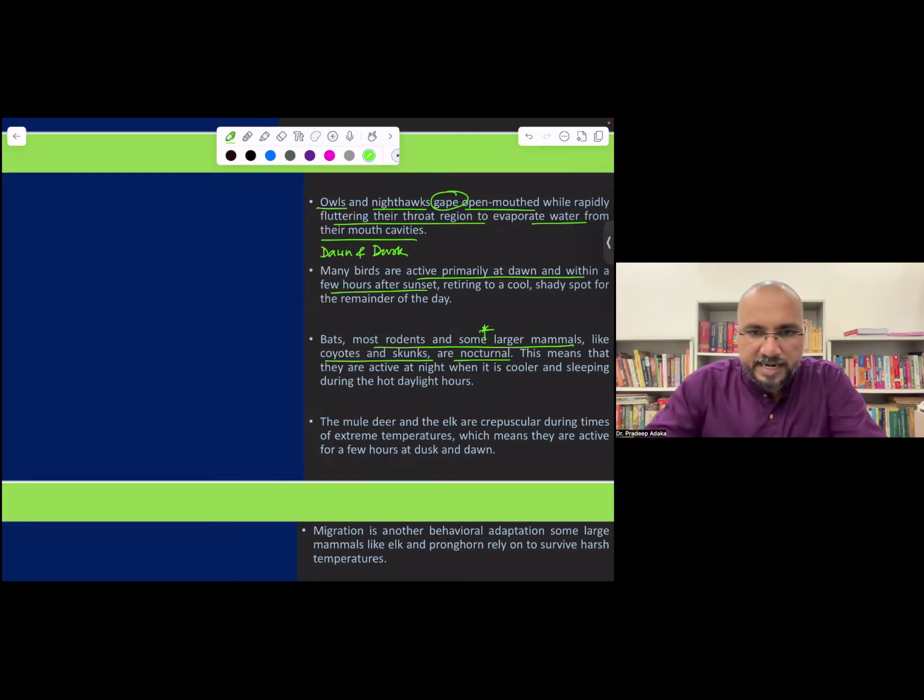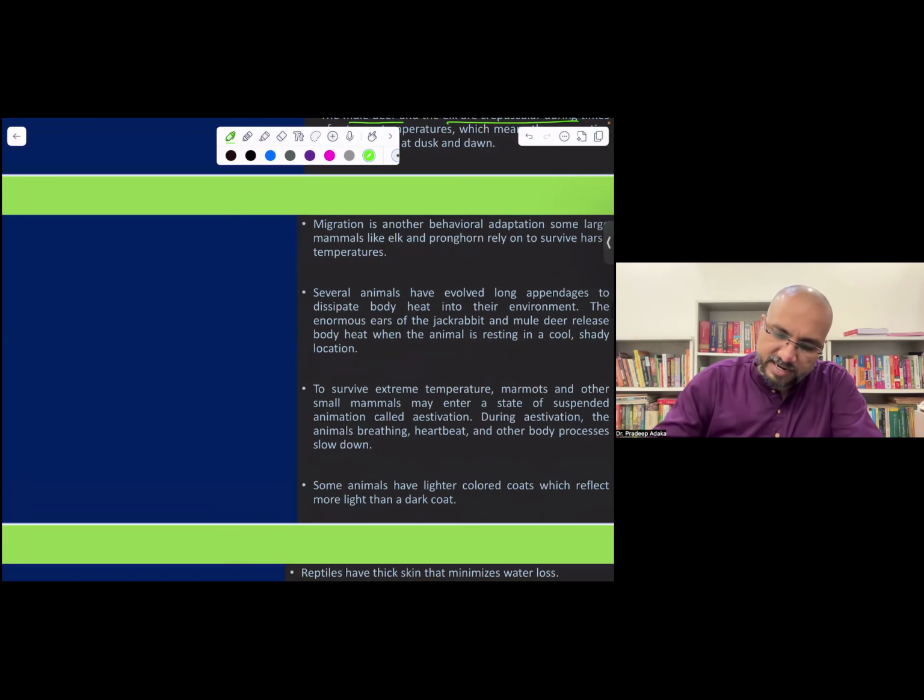So they do not remain active during the daytime, they remain active during the night time. Okay, so when the temperature is very hot, they will rest and they will come out when the outside is cool. Then you have mule deer and elk. They are crepuscular, they are active during the dawn and dusk.